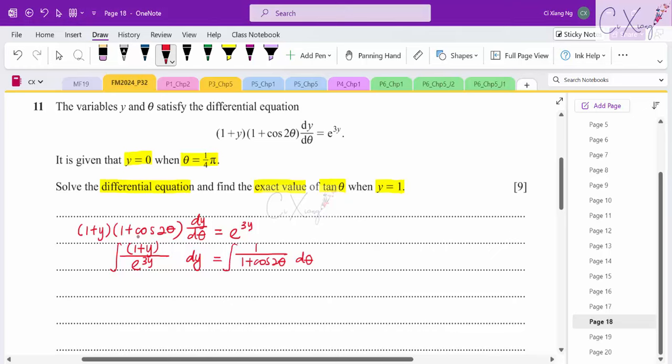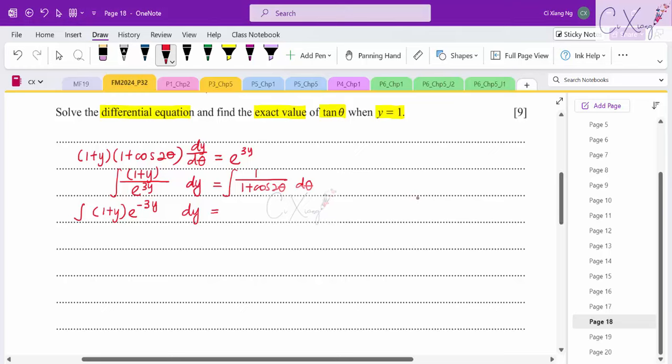Alright, then from here, basically we need to think about the method or technique that we want to use for the integration. Let's have a look at the left-hand side. Originally it looks like a fraction, but if I bring up the e power 3y, it becomes e power negative 3y. If you look at this particular expression, it consists of the product of two functions.